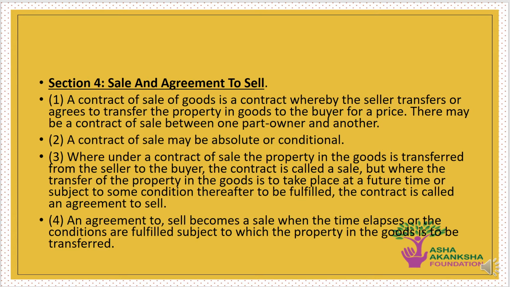Clause 3: where under a contract of sale the property in goods is transferred from the seller to the buyer, the contract is called a sale. Where the transfer of property in goods is to take place at a future time or subject to some condition thereafter to be fulfilled, the contract is called an agreement to sell. Clause 4 states that an agreement to sell becomes a sale when the time elapses or the conditions are fulfilled subject to which the property in goods is to be transferred.